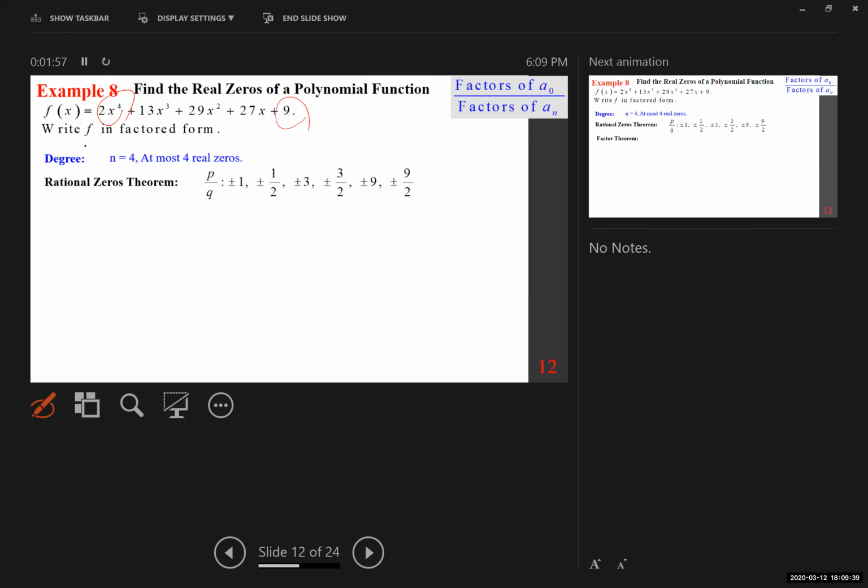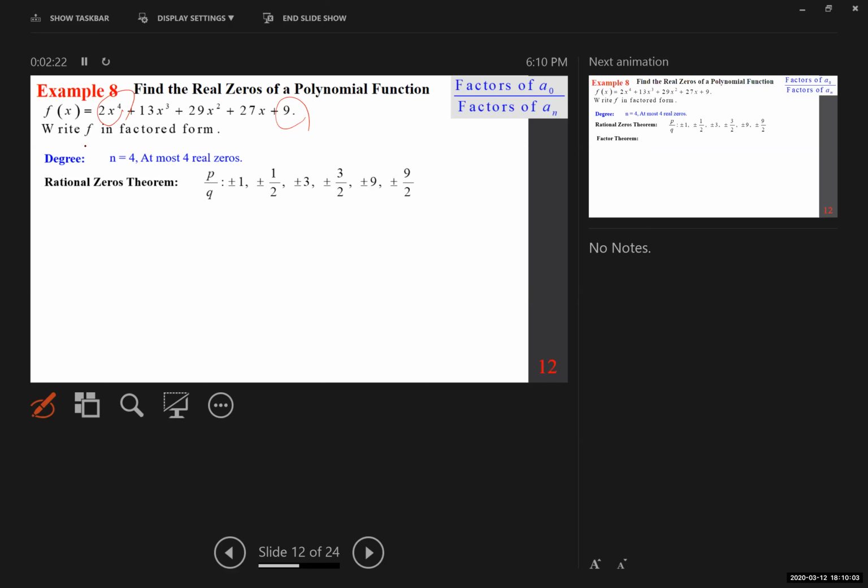So when you factor out each one, you know what you get. So let's talk about number 9. What are the factors? Plus minus 1, plus minus 3, plus minus 9. Does that make sense? And what about a sub n, which is 2? Plus minus 1, plus minus 2.